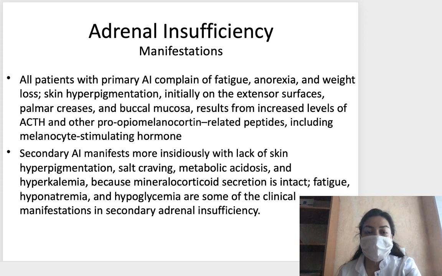Secondary adrenal insufficiency manifests more insidiously, with lack of skin hyperpigmentation, salt craving, metabolic acidosis, and hyperkalemia. Because mineralocorticoid secretion is intact, fatigue, hyponatremia, and hypoglycemia are some of the clinical manifestations in secondary adrenal insufficiency.